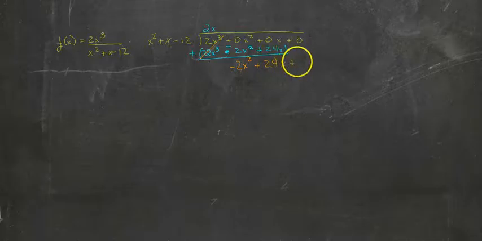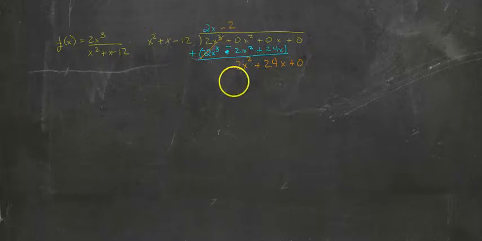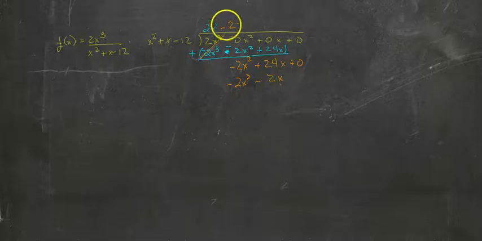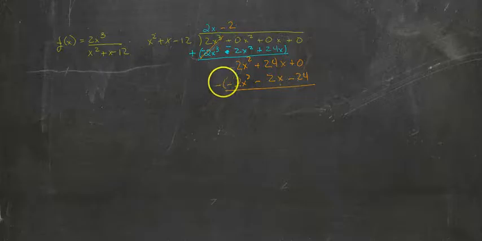I'm going to bring down the 0, and then I just repeat the process. X squared times negative 2 equals, excuse me, negative 2x squared. Negative 2 times x is negative 2x. Negative 2 times negative 12 is a negative 24. Subtract, which means change all the signs and turn it into addition.